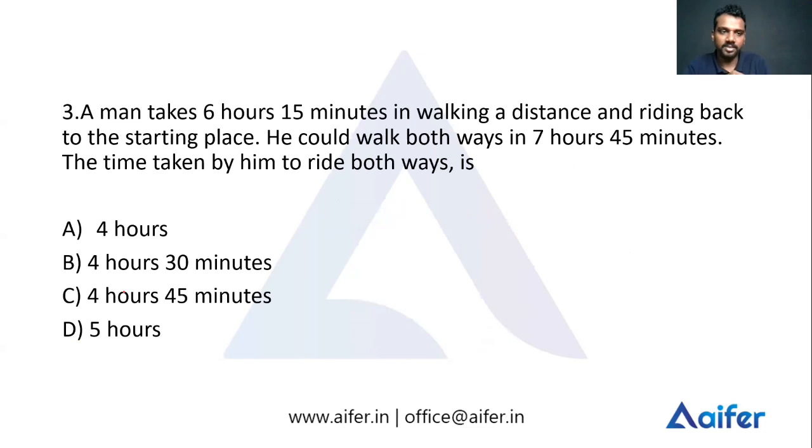Moving to the third question. A man takes 6 hours 15 minutes in walking a distance and riding back to the starting place. He could walk both ways in 7 hours 45 minutes.